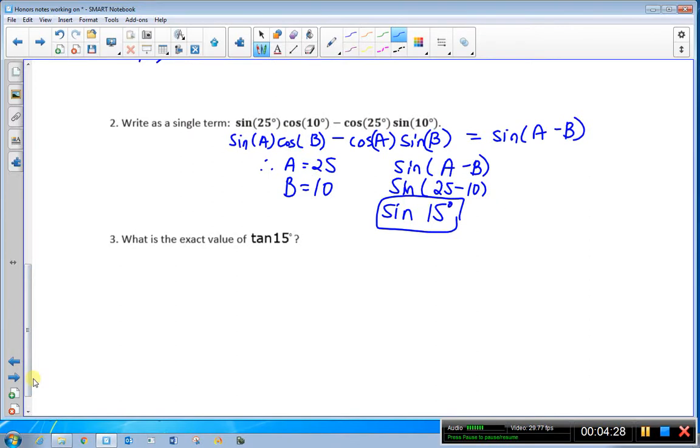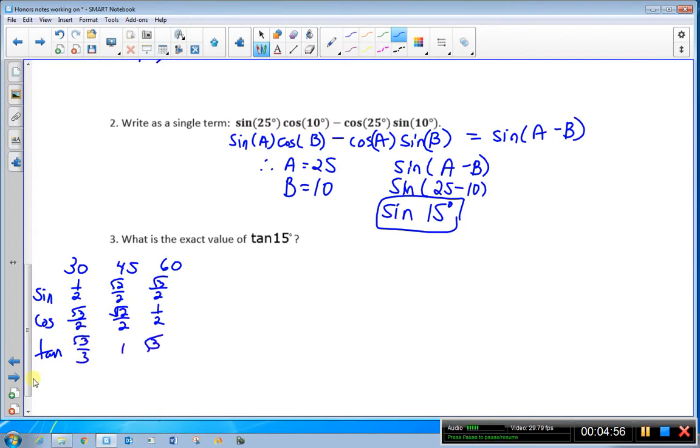What is the exact value of the tan of 15? Well, if we write them using our 30, 45, 60, we know sine, cosine, tan: 1/2, radical 2 over 2, radical 3 over 2; radical 3 over 2, radical 2 over 2, 1/2; radical 3 over 3, 1, and radical 3.